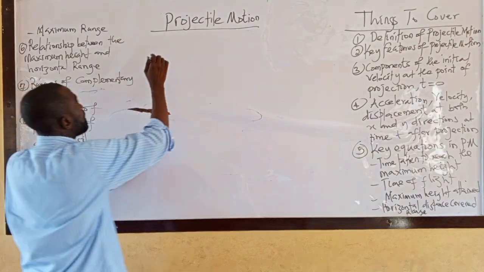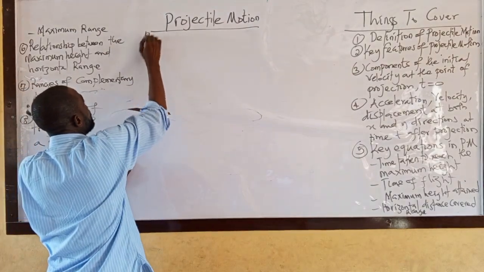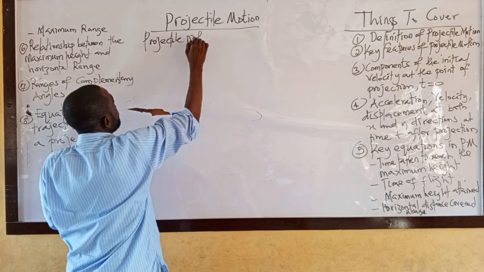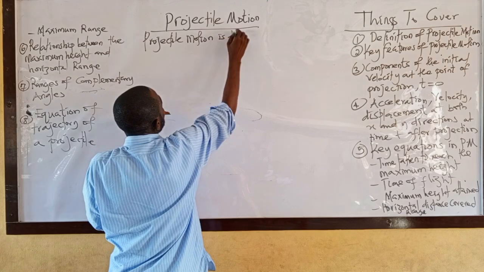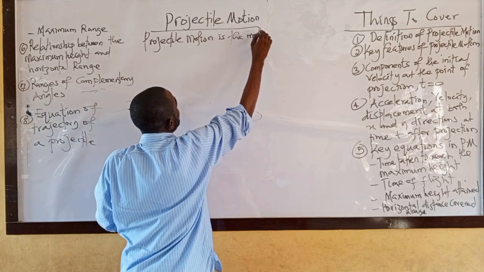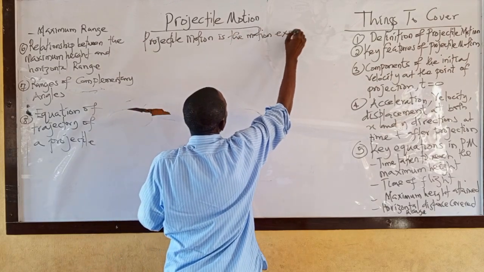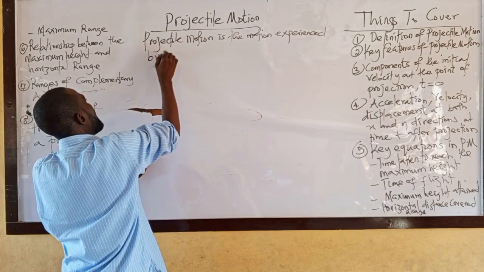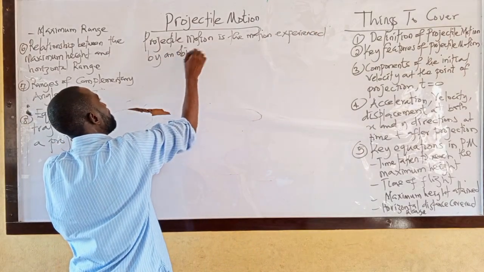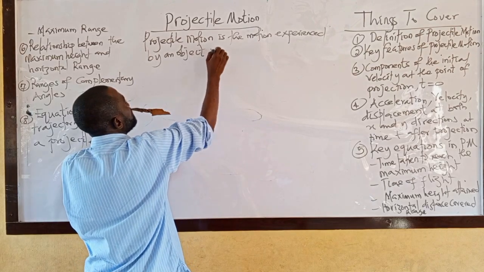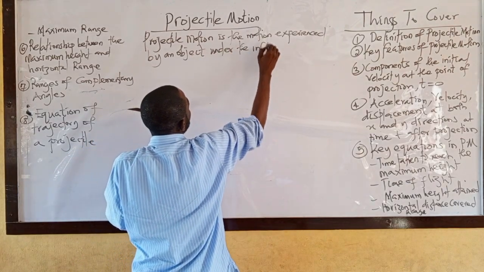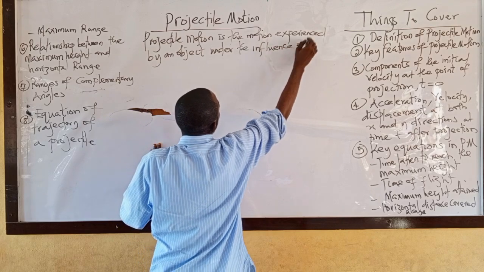So what is projectile motion? Projectile motion is the motion experienced by an object under the influence of gravity.